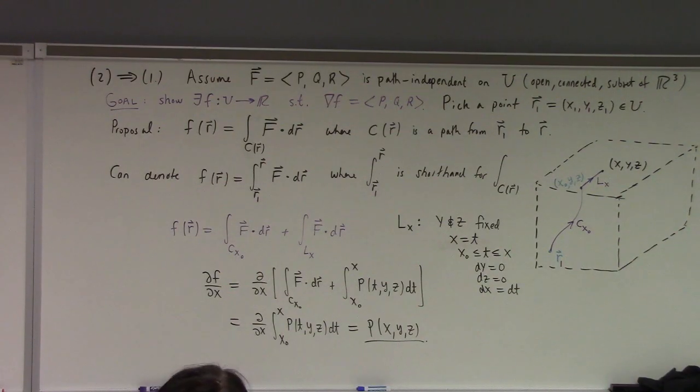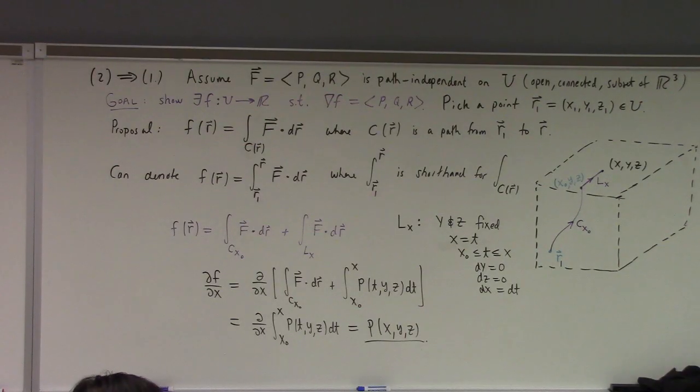And then if I call this C y naught and L sub y, I have f of x, y, z equal to the integral over C y naught of f dot dr plus the integral over L sub y of f dot dr.